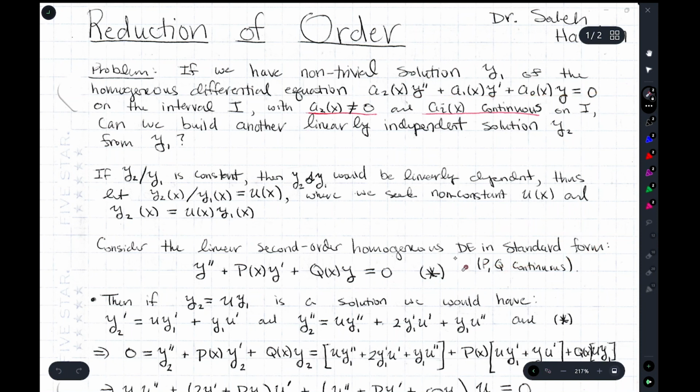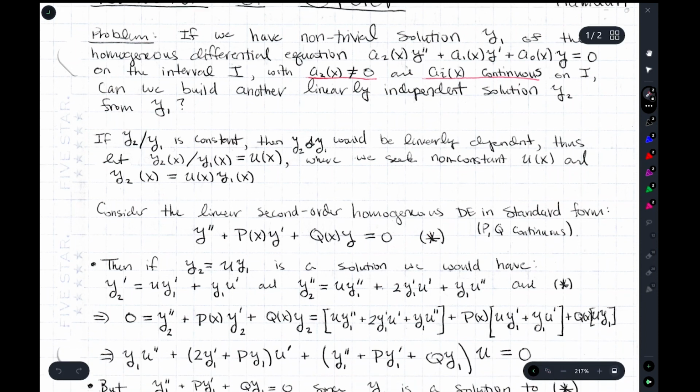So we're left with this differential equation in standard form. Of course, p and q are continuous, and we could divide by a2 because a2 is non-zero, and we're going to give this equation the label asterisk, just to cite it in future theorems.